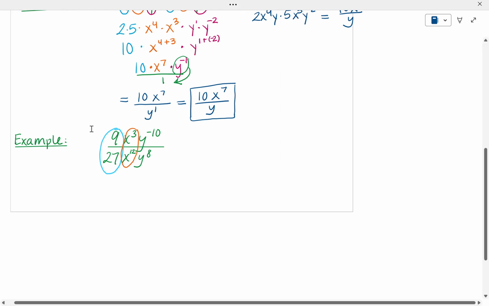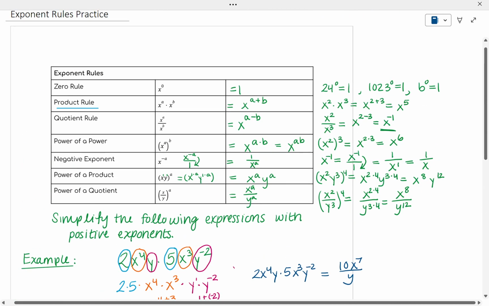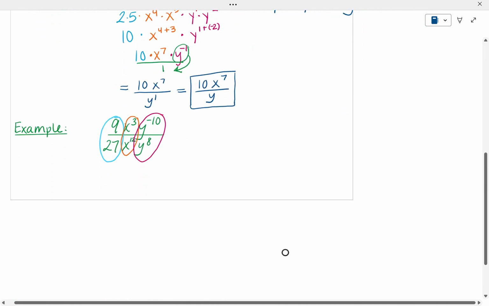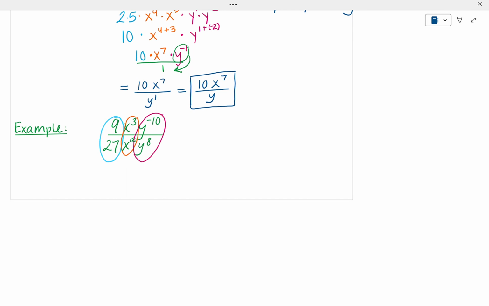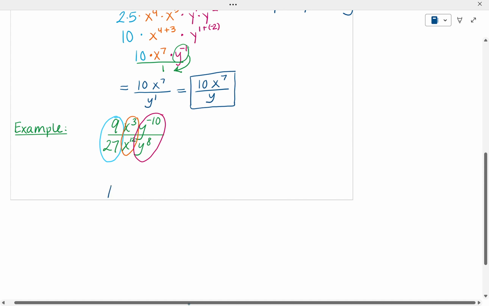And then we have the y's here. And using the quotient rule, first we always perform the assigned operation that's happening for the constants. So 9 over 27, this reduces to 1/3.